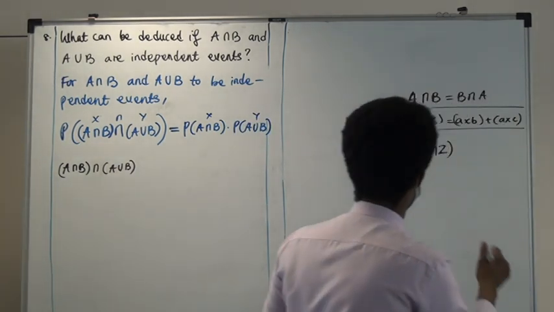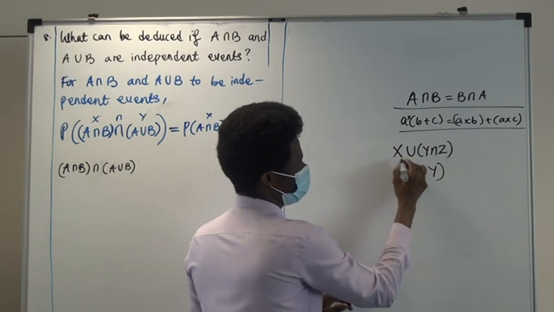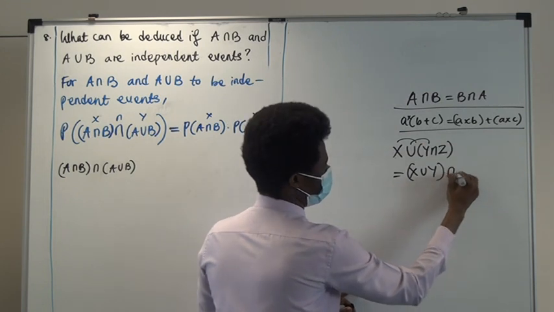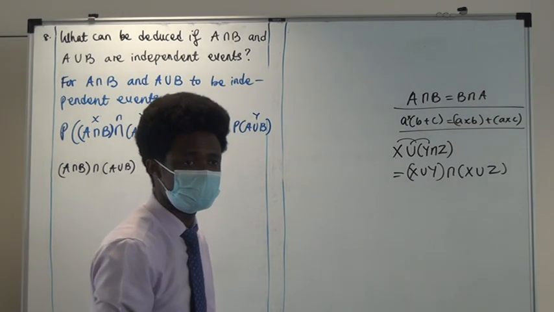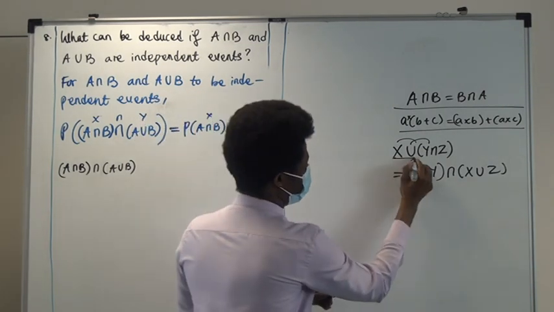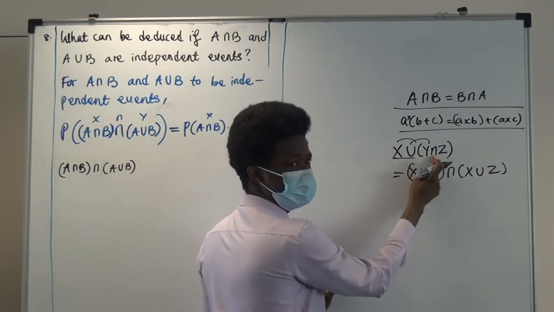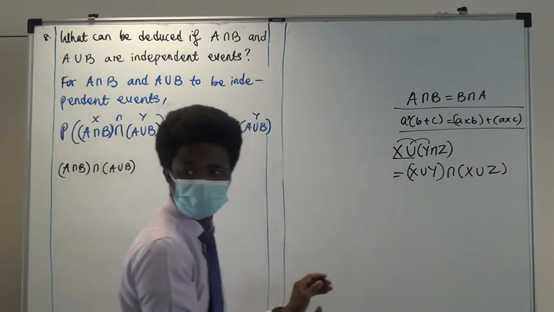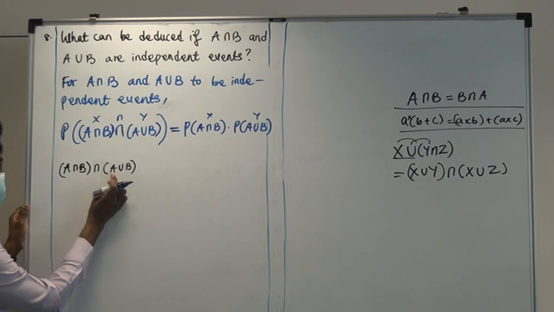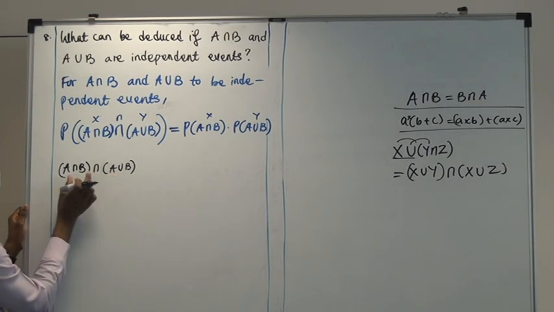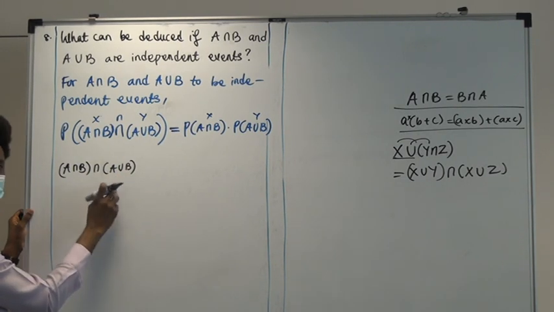So that will be X union Y, then intersection X union Z. It's like X multiplies Y, separated by this, then X also multiplies Z. So that we are going to apply here. This goes with this, then this again with this, the two results separated by union. Am I making sense, please?